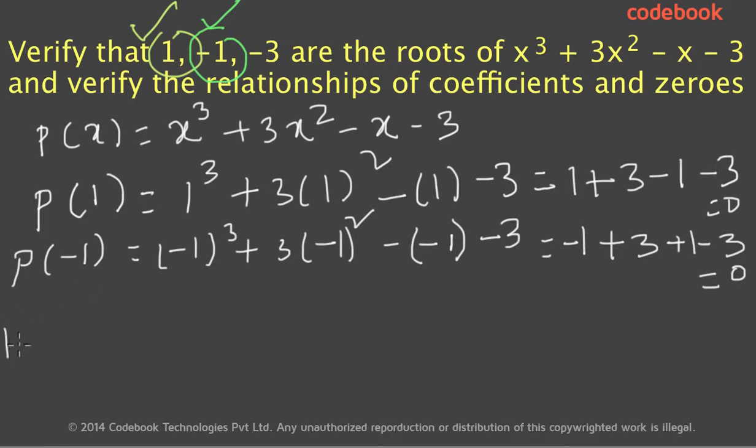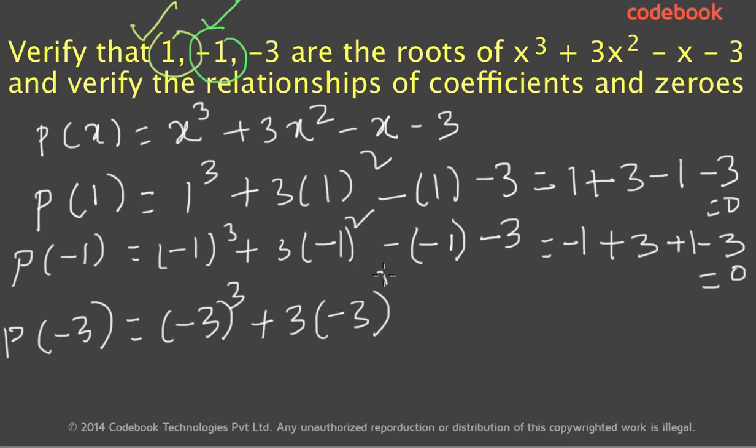Lastly, let's verify if minus 3 is the root. So substitute x with minus 3. So you have minus 3 whole cube plus 3 of minus 3 whole square minus of minus 3 and minus 3. So this is nothing but minus 3 whole cube is minus 27 plus 3 of minus 3 whole square.